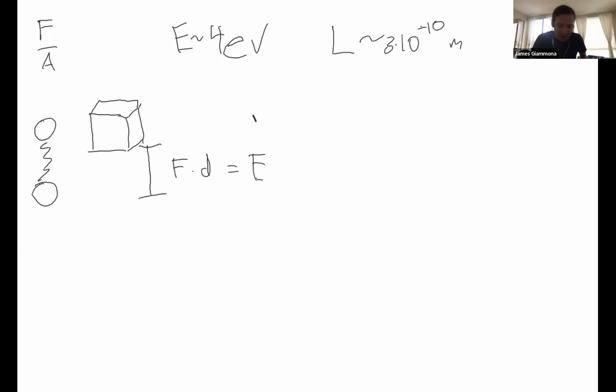So what distance are we going to apply this force over to break the bond? We're going to say we need to apply that force over the atomic scale. If we grab one of these atoms and pull it an atomic distance away, moving it from here to there, then we're going to say that breaks the bond.